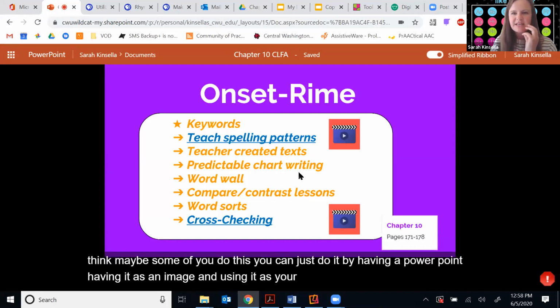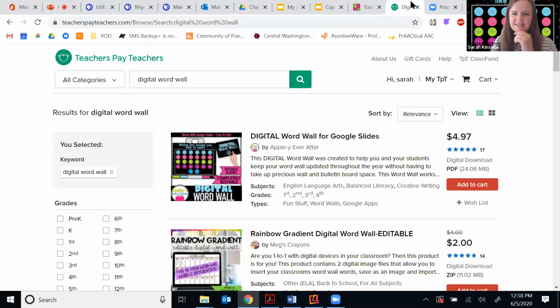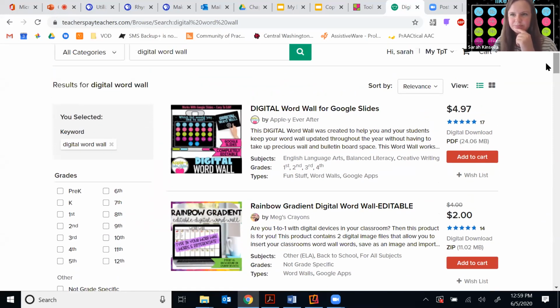You could do it in Google Slides. Teachers Pay Teachers also has some digital word walls if you want to have something to start with. The one I have in the background is this. It gives you a way to get started right away, and you can edit however you want. There are some others here, but you could also just do your own.